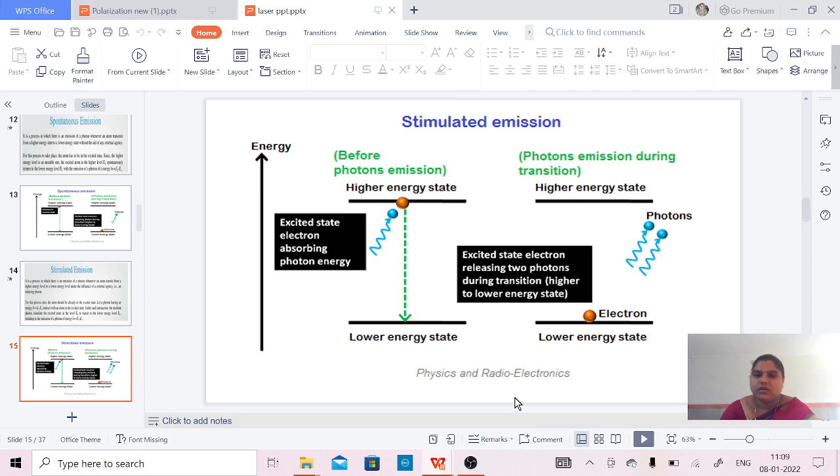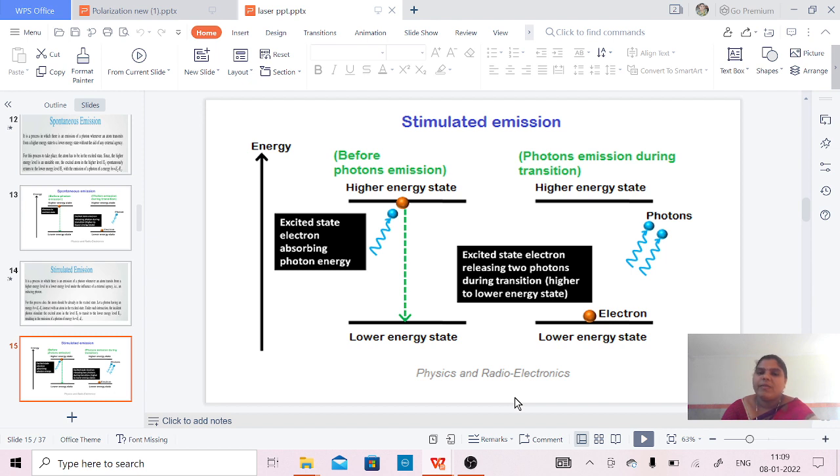So see, stimulated emission is also coming from higher energy state to lower energy state. The excited state electron absorbs photon energy. The excited electron releases two photons during the transition from higher to lower energy state, because the spontaneous is stimulated.